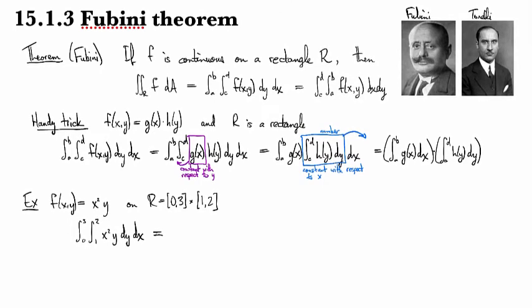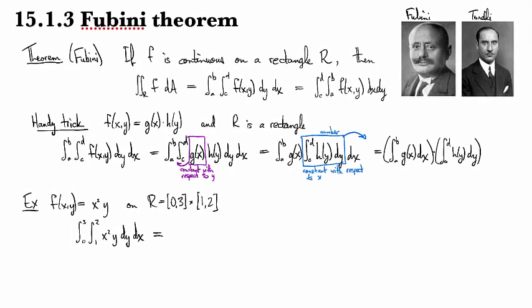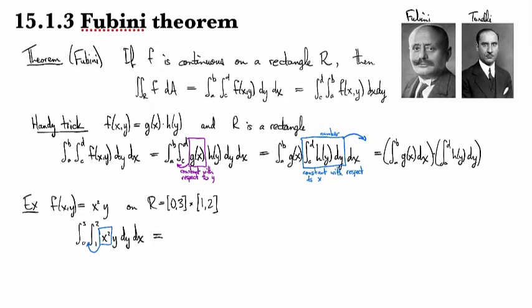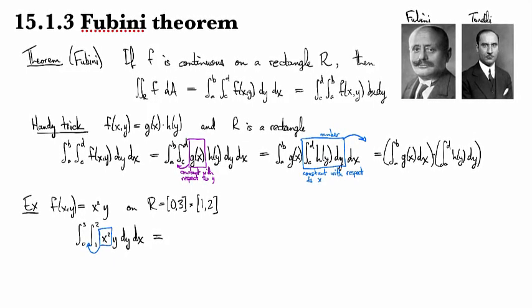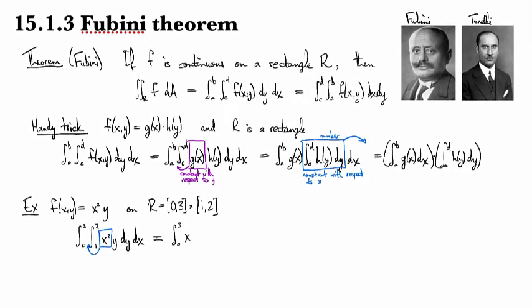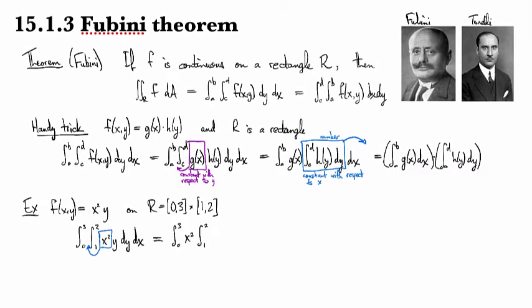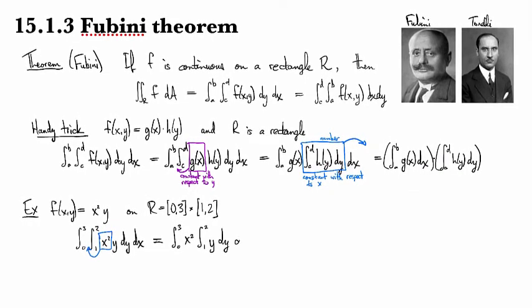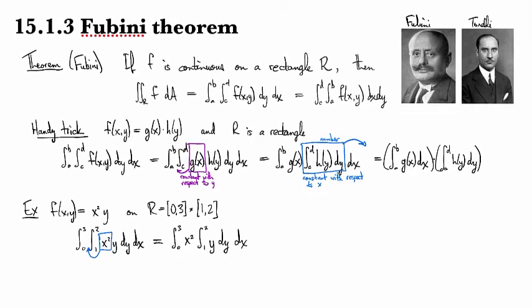The first thing to do is we pull this thing that's constant with respect to y outside of the y integral, and we write it as the integral from 0 to 3 of x squared times the integral from 1 to 2 of y dy dx.